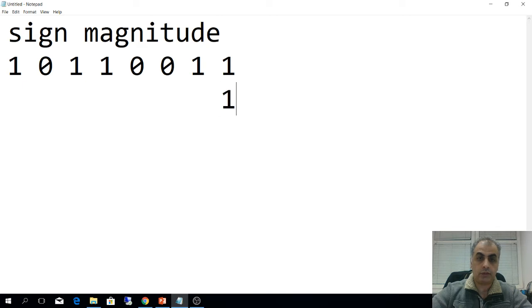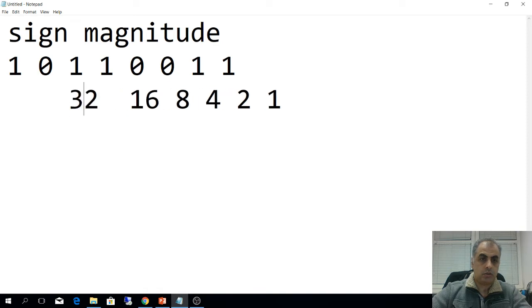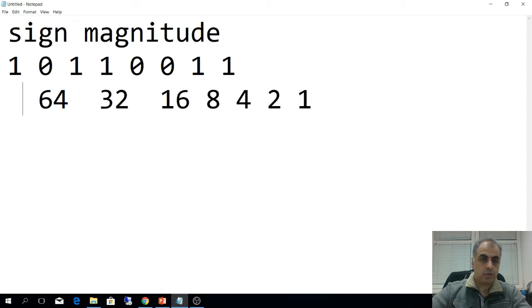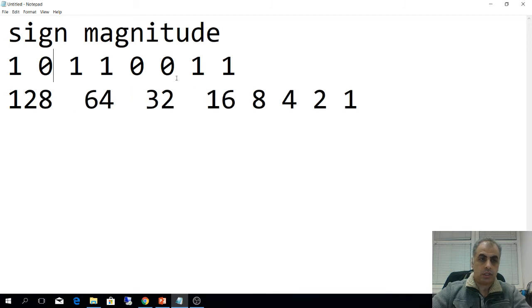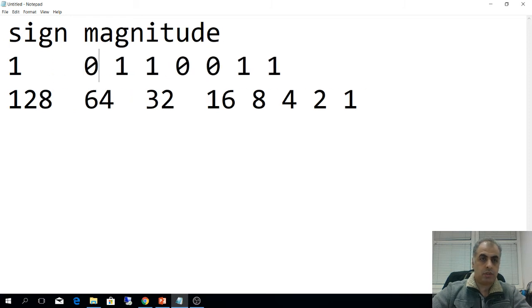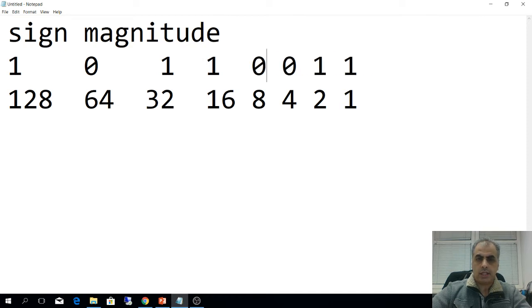What is 2 to power 0? It is 1. And next to it 2 to power 1, which is 2. And next to it 2 to power 2, which is 4, then 8, 16, 32, 64, 128. I believe you remember all those values.